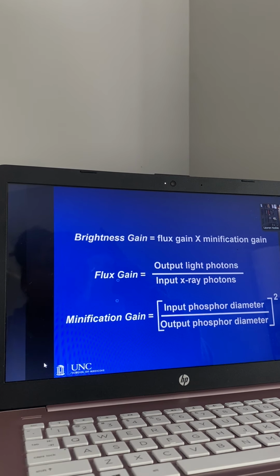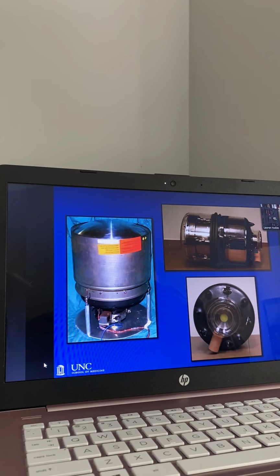Okay, so these are the formulas that manufacturers will use to determine these characteristics, and these are the types of things that would be included on their data sheets. If you're a manager and you have to purchase a new piece of fluoro equipment, this type of information would be available to you.